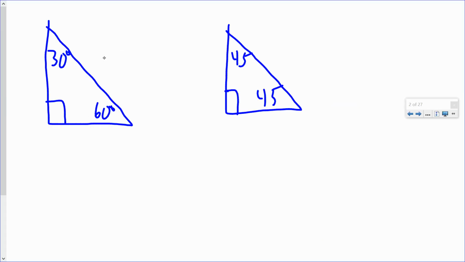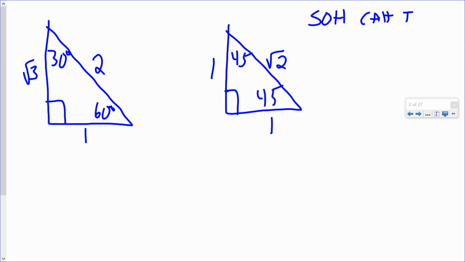And the proportions in the 30, 60, 90 was 1, 2, radical 3, and 1, 1, radical 2. I think I might have put x's in front of each of them, but it's the same proportions. We're going to go back to geometry right now. We're going to pull out SOHCAHTOA to come up with these different trig ratios.